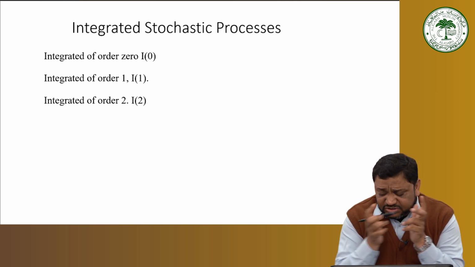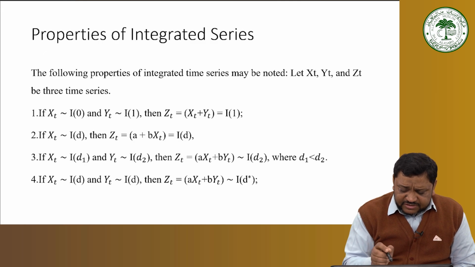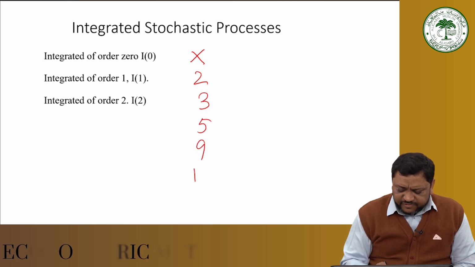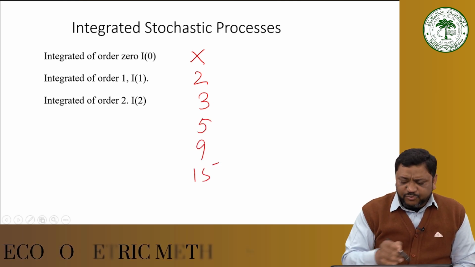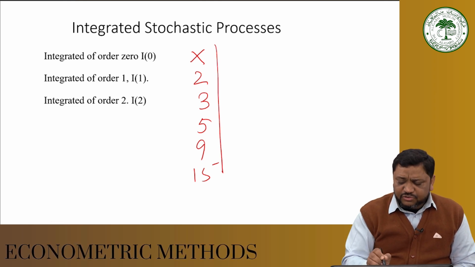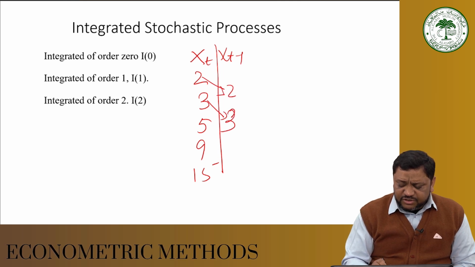Now, what is the process of differencing? If you want to have a look, say we have a series 2, 3, 5, 9, 15, and suppose this series is not stationary. So, what we can do, this is xt, we take xt minus 1: this 2 we write over here, this 3 over here, this 5 over here, this 9 over here.